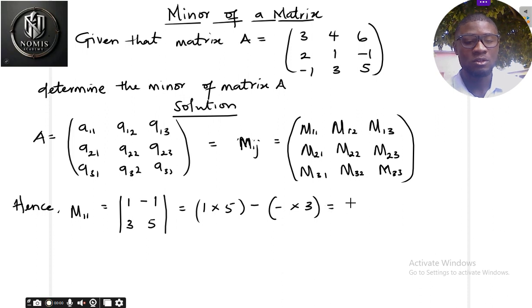This gives us 5 minus minus 3, which is 5 plus 3, and that is 8.